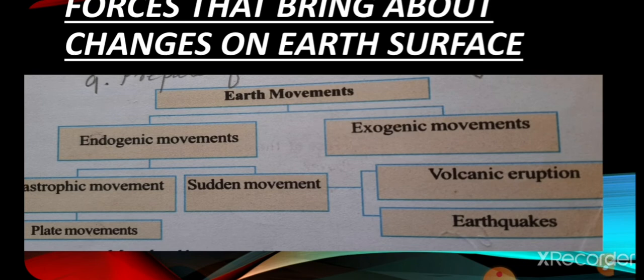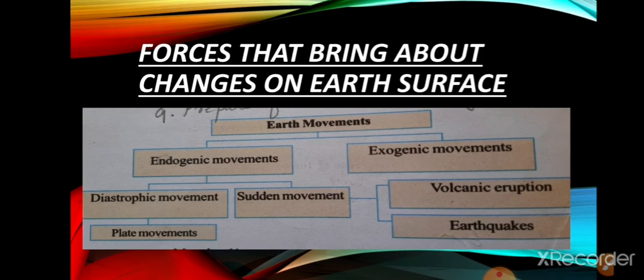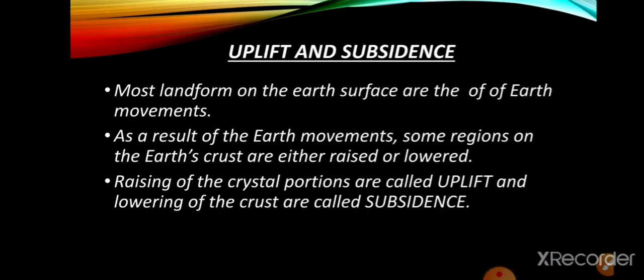Due to these earth movements, endogenic and exogenic, most of the landforms on the earth's surface are formed. One is visible and one is not visible, but the earth's surface is moving. And different types of landforms are formed on the earth's surface due to this earth movement.